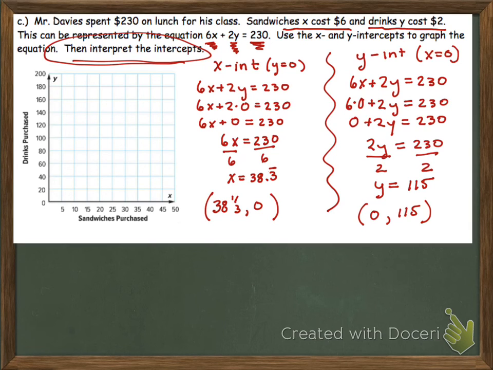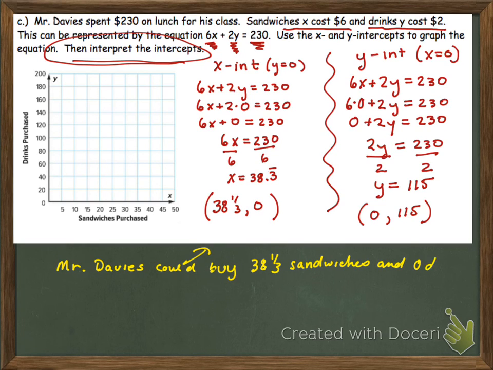And the idea here for the x-intercept is that Mr. Davies could buy 38 1/3 sandwiches and no drinks.